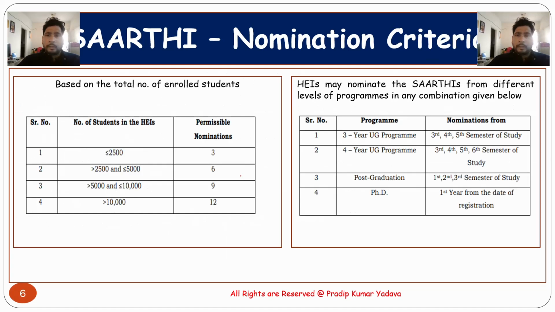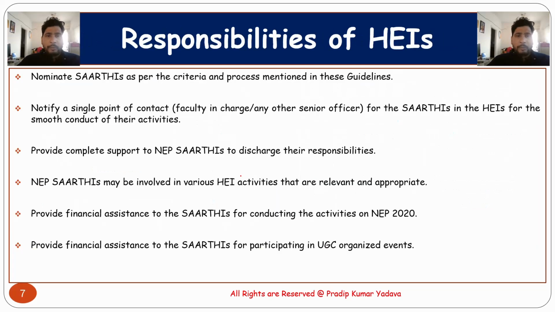After the written test and interview, NEP Sarthis can be appointed, and there is a condition: it totally depends upon the number of students. If the number of students is 2,500 or less, the nomination is three. Similarly, if the number of students increases, the nominations can be increased.